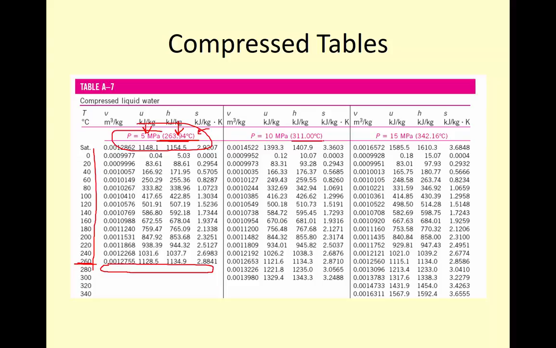The same for 311, where it goes up to 300, and for 342, the column goes up to 340 degrees Celsius. Anything at a higher temperature than 342 is no longer going to be a compressed liquid. It's going to be saturated or superheated, depending on the specific volume as well.